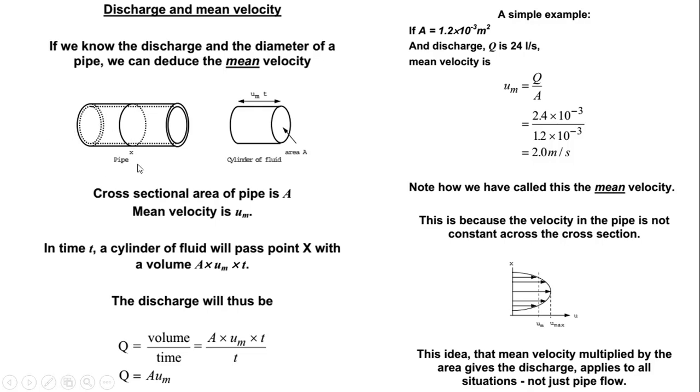At this point x, at time t, a cylinder of fluid will pass through point x with a volume of A multiplied by u multiplied by t. So where are we getting A multiplied by u multiplied by t? We know that when we are calculating volume, volume is equal to area multiplied by height.